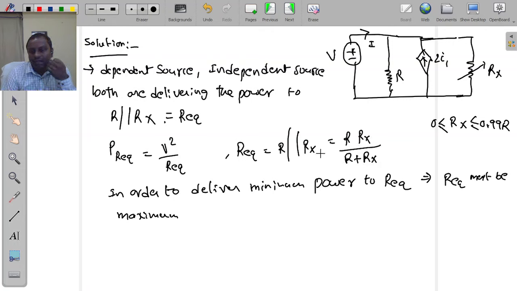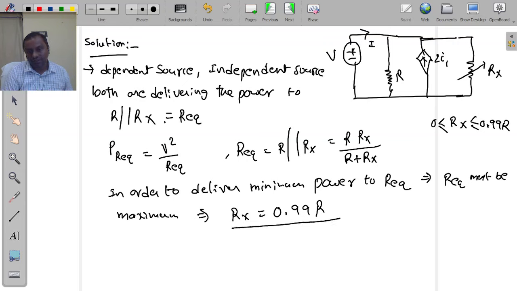In order to get the R equivalent maximum, Rx you should select a maximum value. So in the sense, Rx we need to select 0.99 R. So one part of the question answer we got is, as the variable resistance Rx to be selected 0.99 R in order to deliver the minimum power by the voltage source and current source.